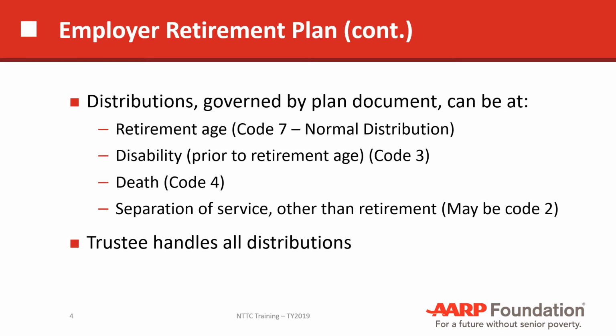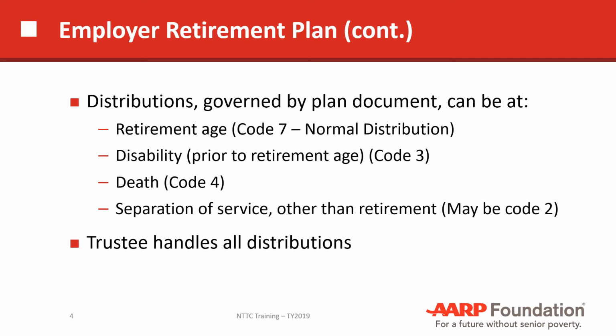Distributions from employer retirement plans, which are governed by the plan document, can be paid out either at retirement age, in which you'd see a code 7 in box 7 of the 1099-R, also known as a normal distribution. You would possibly see a disability, which would be paid out possibly prior to retirement age.